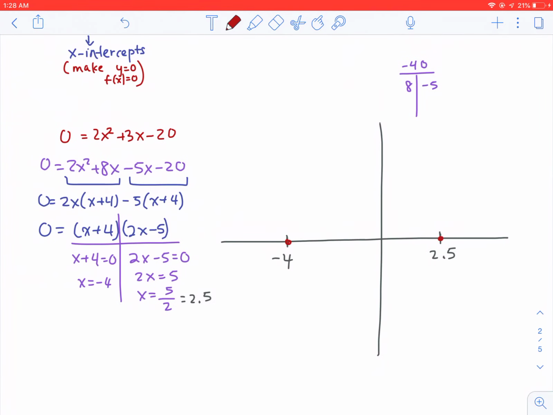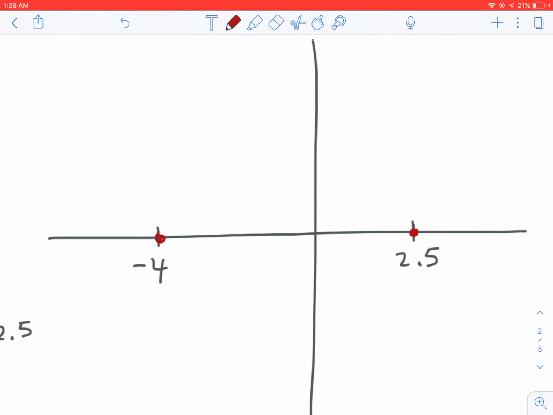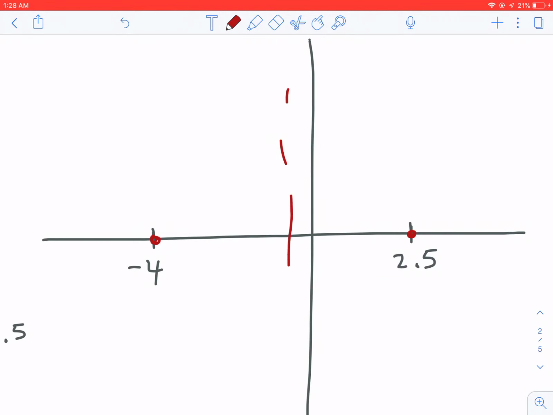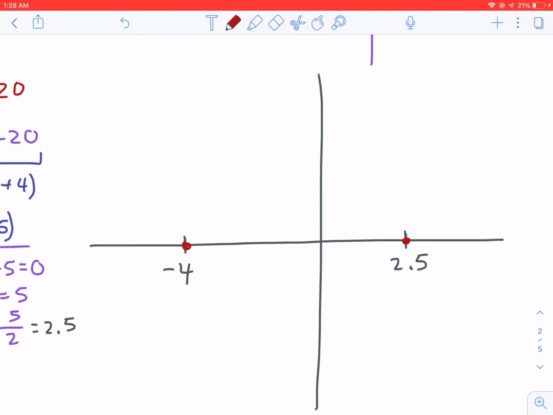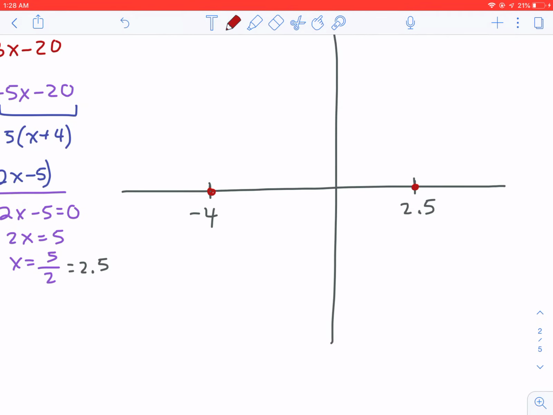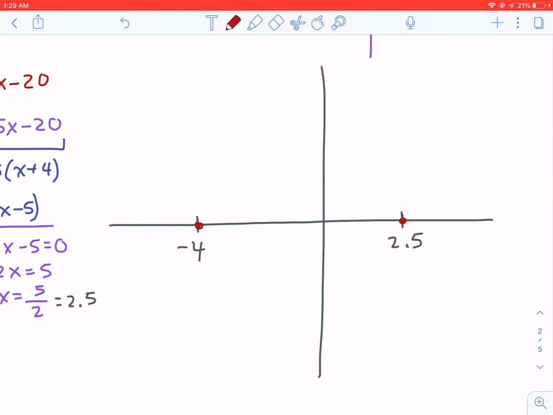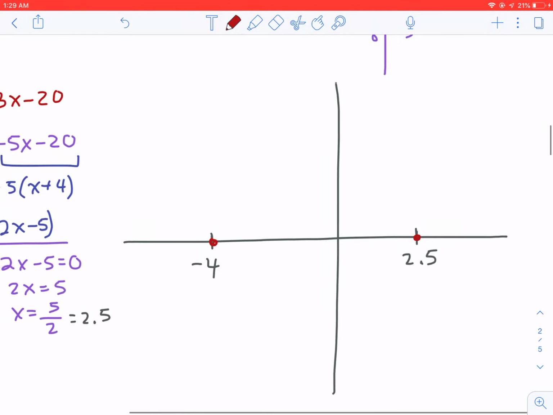Now all we have to do is find the vertex. The vertex is going to be directly in between negative 4 and 2.5. But you don't want to guess. So what we've got to do is figure out what is exactly halfway between negative 4 and 2.5. To do that, we can take the average of those two numbers.